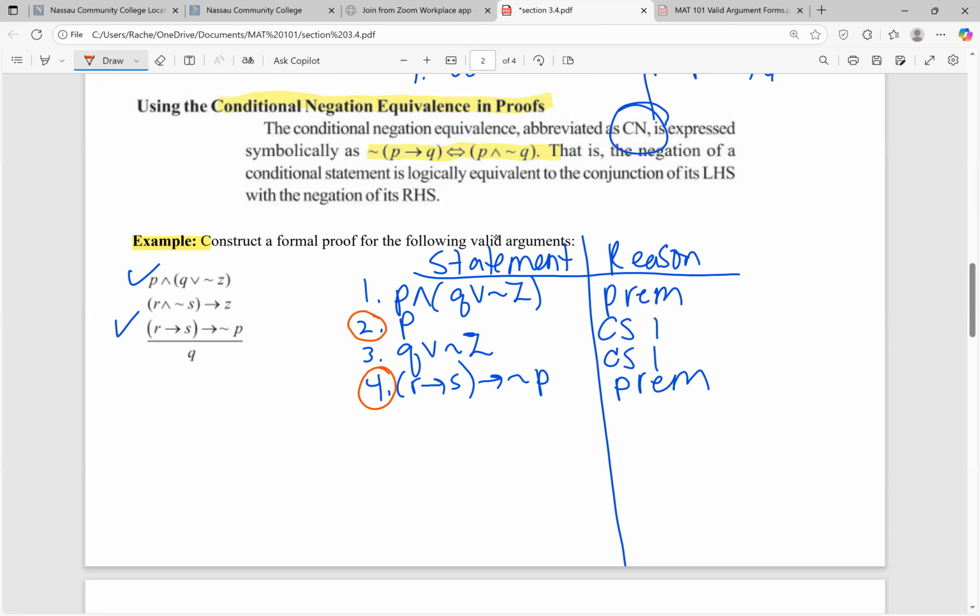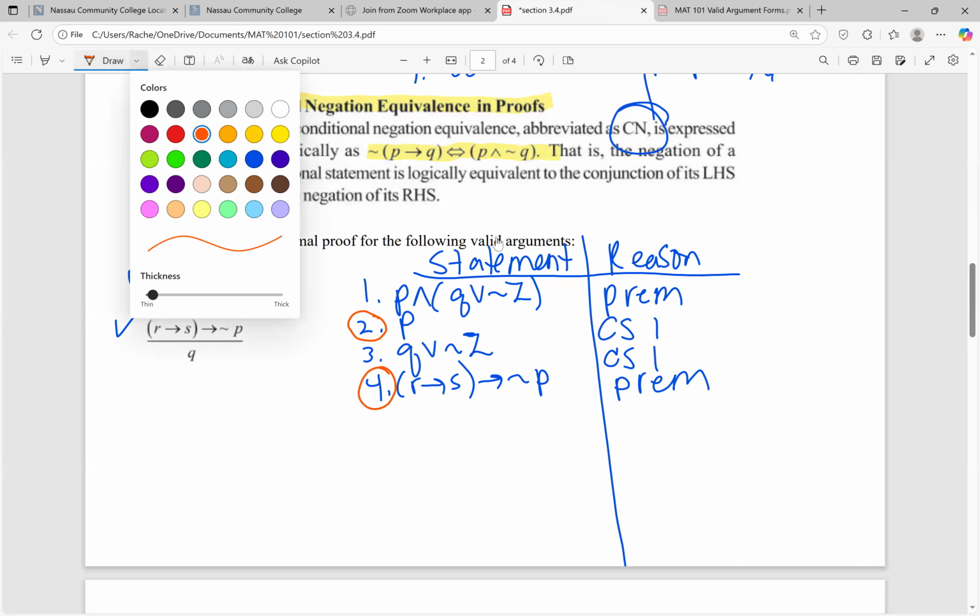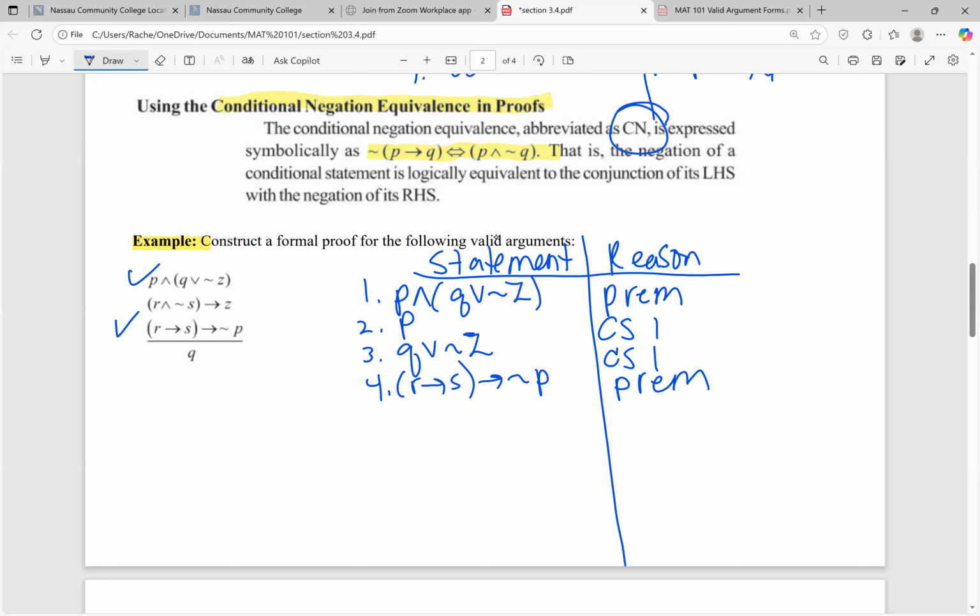You see how P is the negation of the right-hand side of this conditional, which is going to be modus tollens. So that's going to be the negation of the left-hand side, not R implies S. So that was modus tollens, and we applied that to statements 2 and 4.